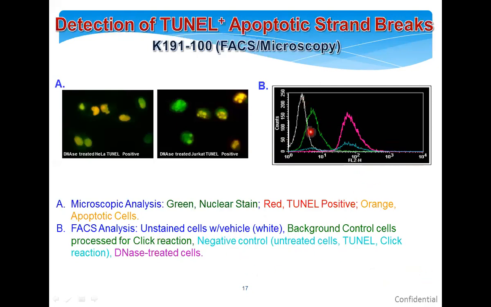As you can see, the peaks are very distinct, so this shows the selectivity of the click reaction. You are looking for the apoptotic DNA strand breaks. All these merged ones, the orange ones, are the TUNEL positive apoptotic cells, and they have the DNA as well.